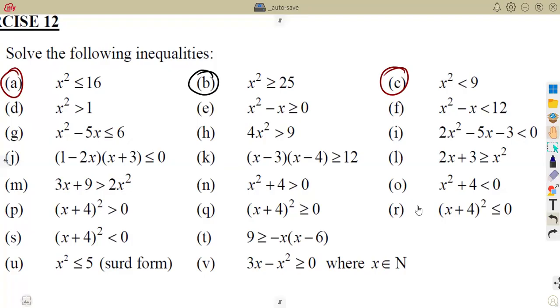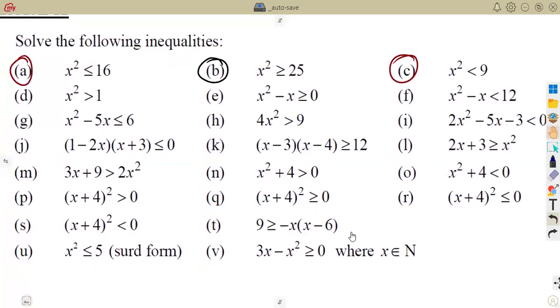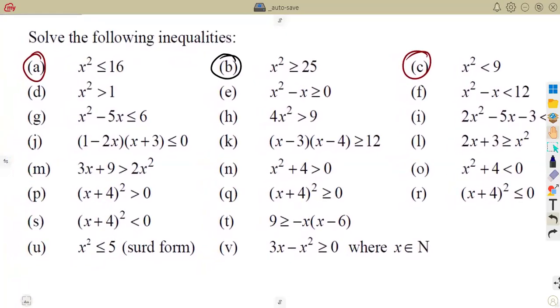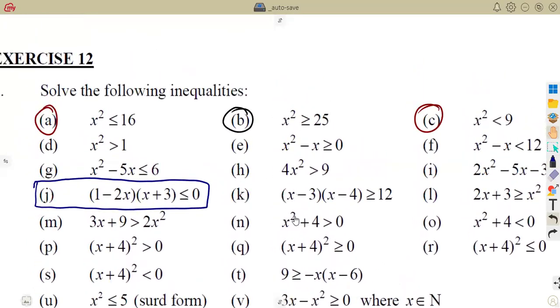All right. When I'm talking about when we have a negative, I'm going to take this question, because there is a negative part here on J. This part of J, this one. They're saying 1 minus 2x, times x plus 3, is less than or equal to 0.